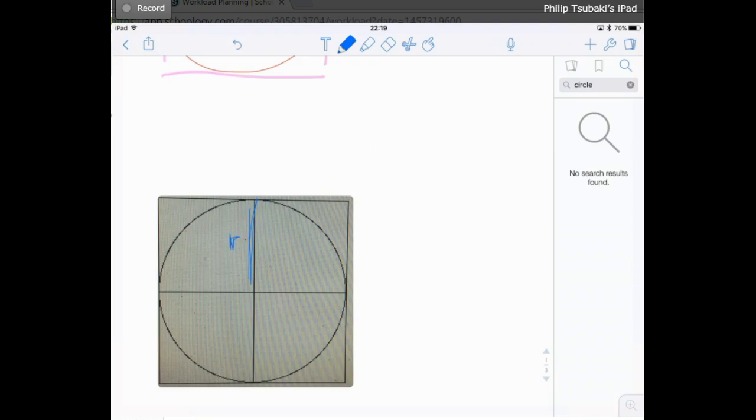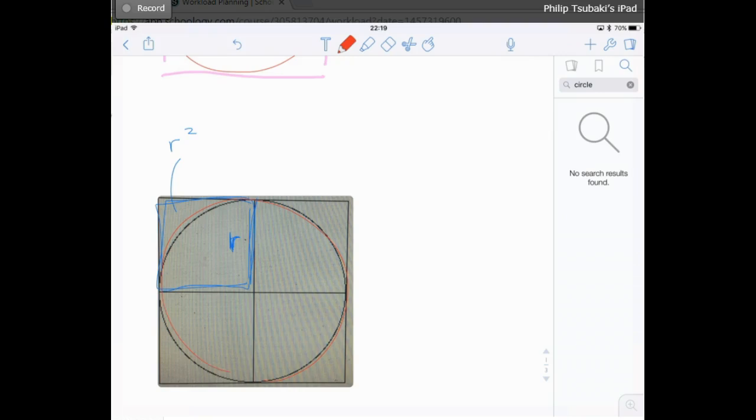So what is the area of one of these small squares? Well, the area of one of these small squares is r times r, also known as r squared. So each one of these small squares is r squared big. Now let's think. How many of these small squares would fit into this circle?